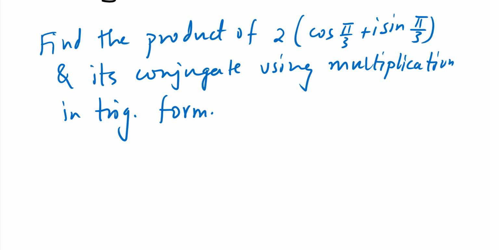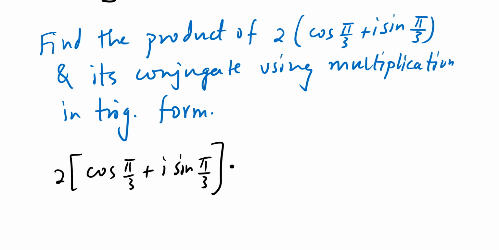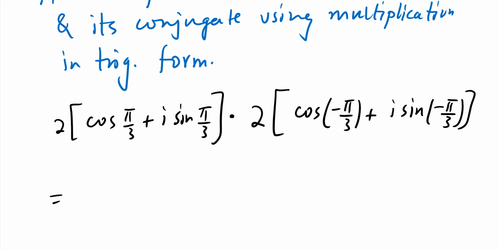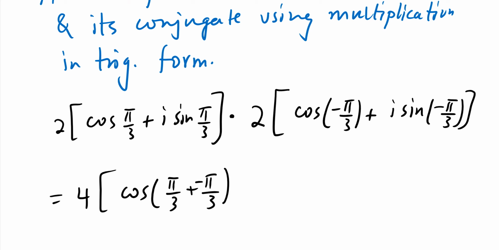So to multiply that out, you take 2 times cosine pi over 3 plus i sine pi over 3 times the conjugate of this. r stays the same, but the angle changes from positive to negative: i sine negative pi over 3. And to do so, you multiply 2 by 2 is 4, and when we multiply, we add the angles. So cosine pi over 3 plus negative pi over 3, plus i sine pi over 3 plus negative pi over 3.